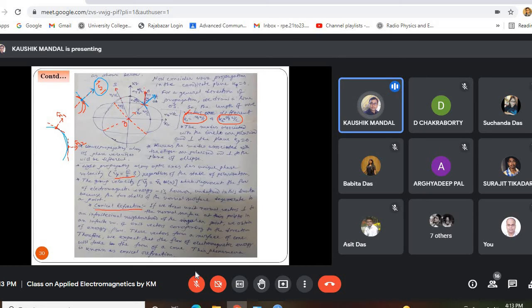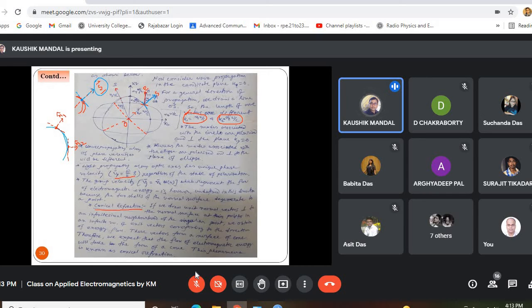So this is the unit vector corresponding to the ellipsoidal shell, and this is the unit vector corresponding to the spherical shell. For simplicity, I have just represented two unit vectors at this crossover point.